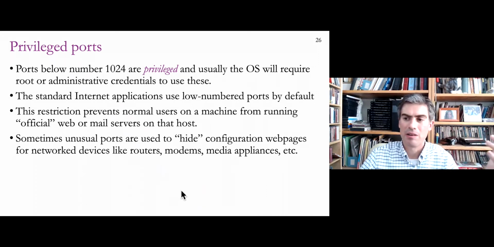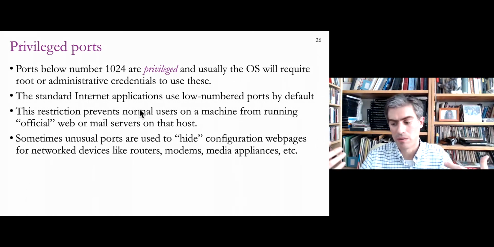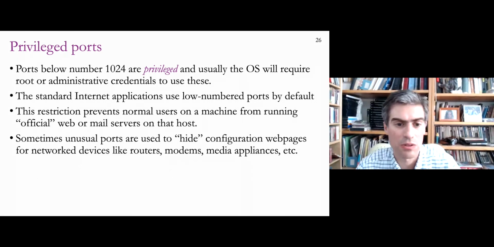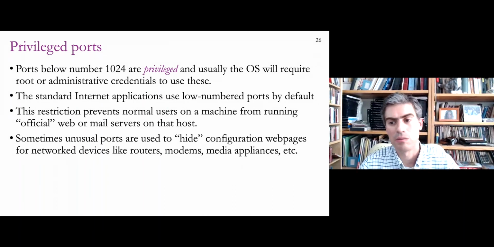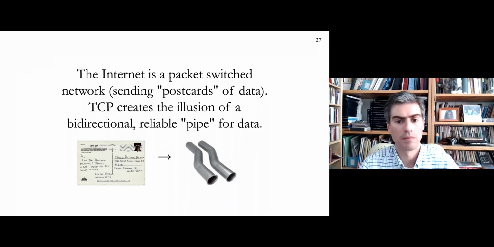And this is just a very hacky way of providing a little bit of protection so that you would have to know the right port number. You have to know more than just the IP address of the device in order to connect to the web server for configuration on that machine. I mean, you should also have a password or something to protect it, but it just provides a little bit of obscurity, I guess, for the service. Okay.